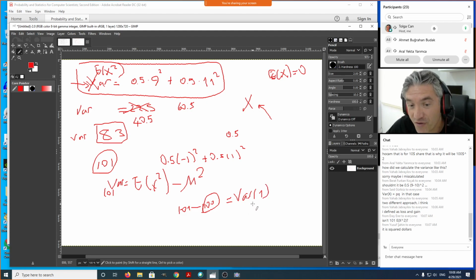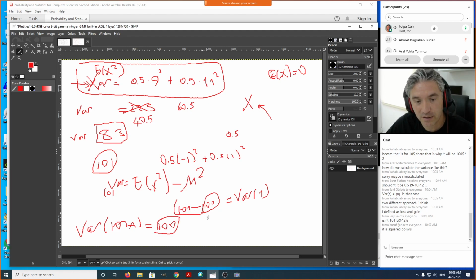And if you buy 100 shares of this, which are all independent from each other, the variance of the 100 shares of A is going to be 100. So this is what we have as the variance.